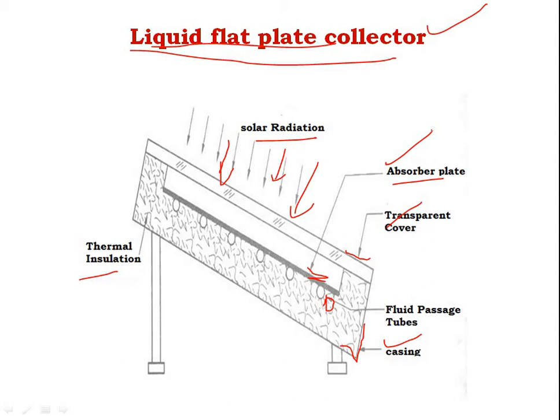It is meant to intercept and absorb incident solar radiation. It is primarily a blackened heat absorbing plate, usually made up of copper, aluminum or steel. It may also be given a coating to minimize the emission of heat from its surface.